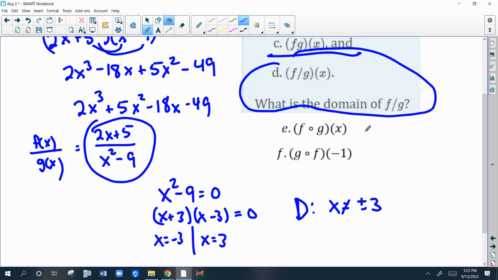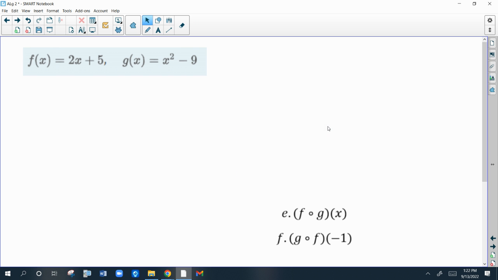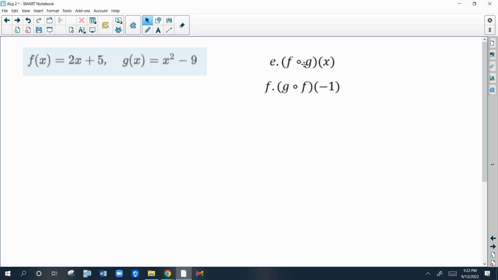So next, we're going to work on the compositions E and F. So let's do E first because E comes before F. F of g of x. So the way it's written in that composite form here, I'm going to rewrite it to be f of g of x like this. So that's telling me I'm going to have to plug g into f. So g is x squared minus 9.